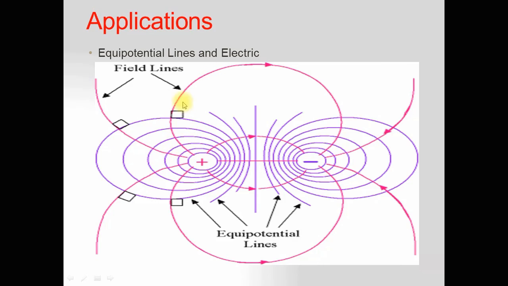The red line you see here intersects all these curves. So these field lines intersect all the equipotential lines at 90 degrees. This is the orthogonal trajectory for this family of curves.